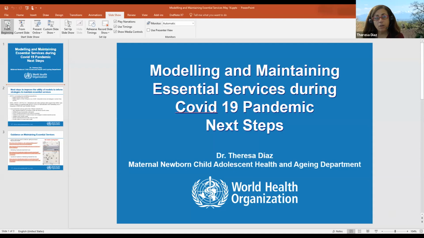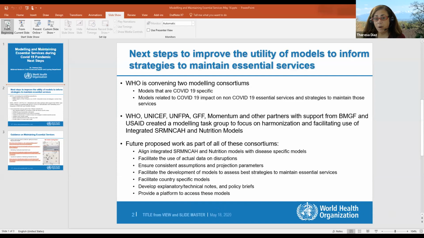So I just wanted to talk about next steps for modeling and maintaining essential services during this pandemic. First of all, what we are doing in regards to models to inform strategies to maintain essential services. WHO is convening 2 modeling consortiums. We have one modeling consortium that is actually specific to the COVID epidemic itself.